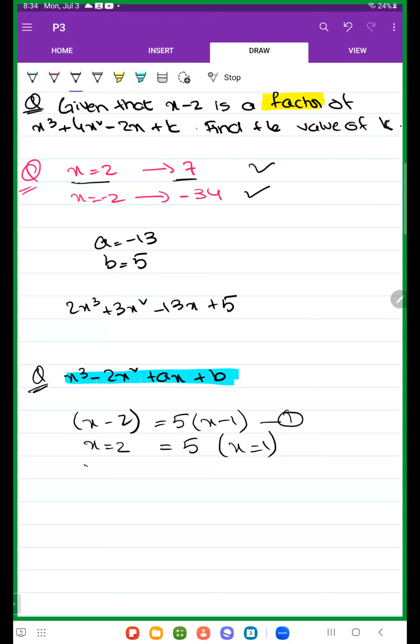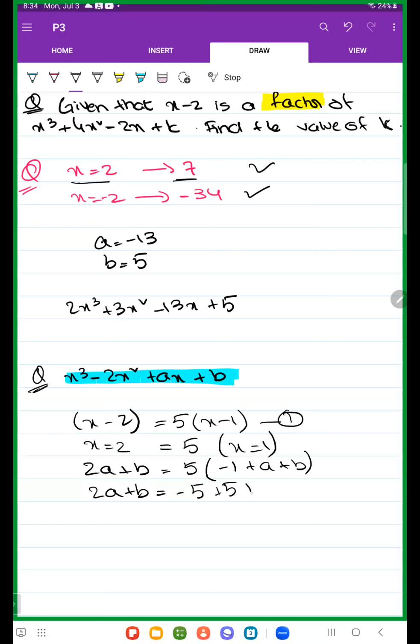And then you will put x as 1. It is 5 times x is equal to 1. So 1 minus 2 is minus 1 plus a plus b. Can you solve this equation?